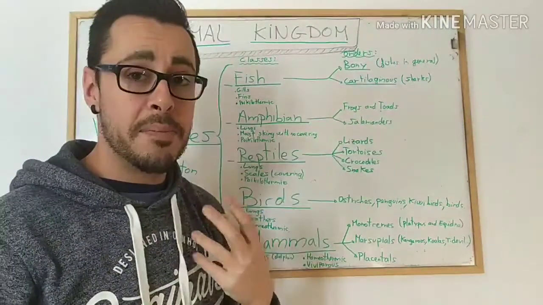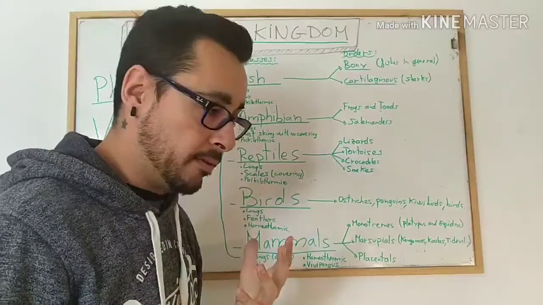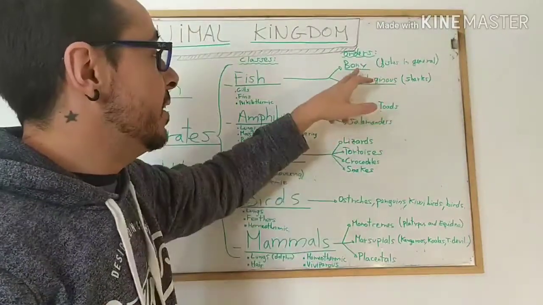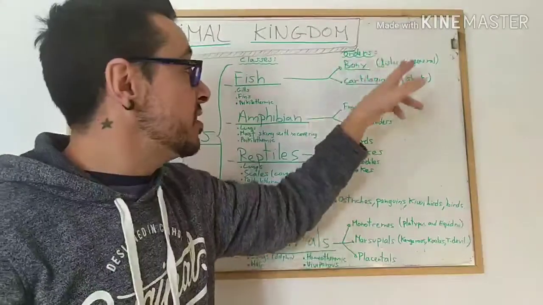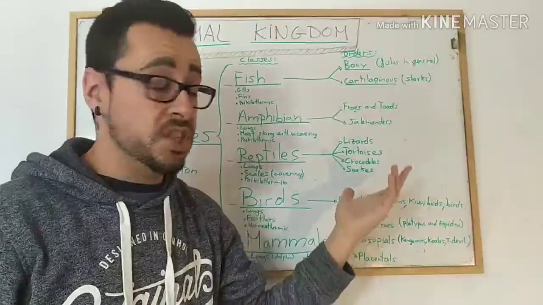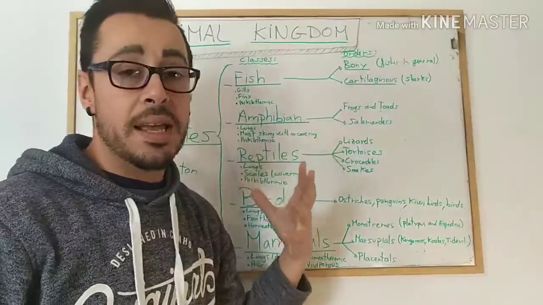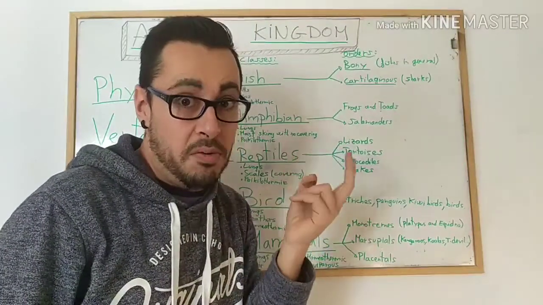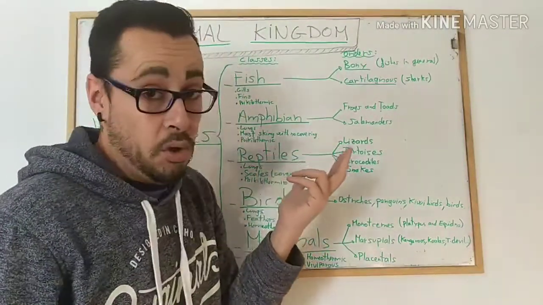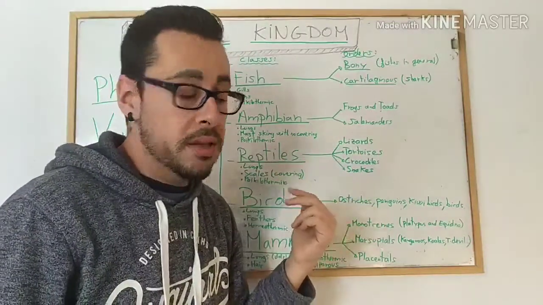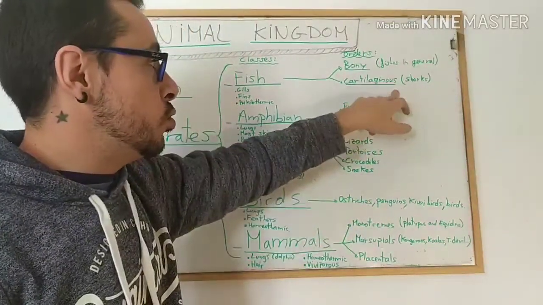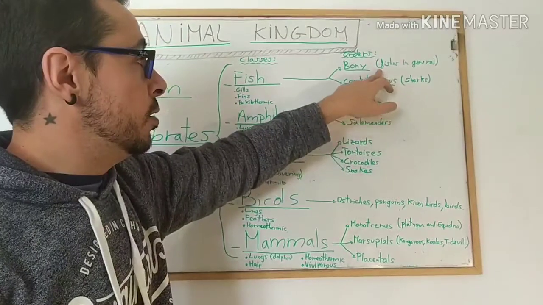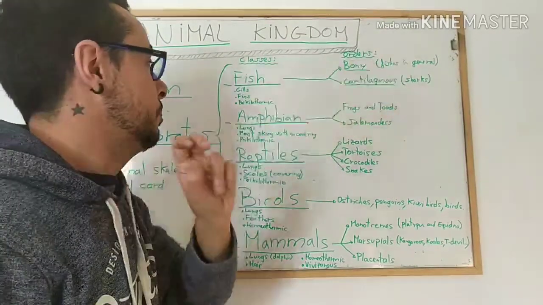Their bones are made of cartilage, and the bony ones are the rest of the fishes in general. Their skeleton is made of real bone. Cartilaginous skeleton and bony skeleton.